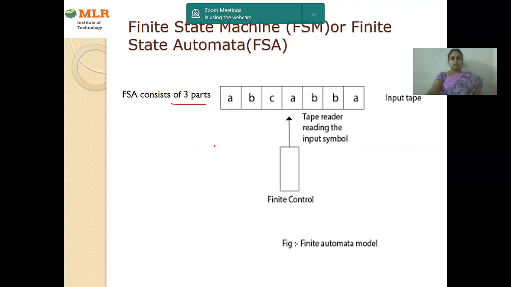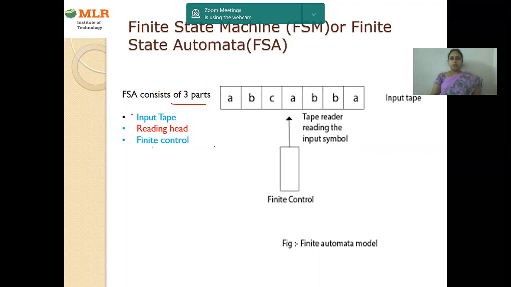Those are the input tape, the reading head, and the finite control. These are the three parts present in a finite state automaton.